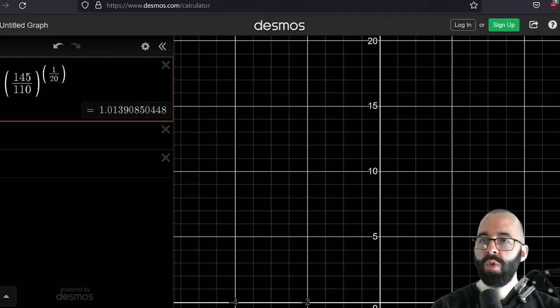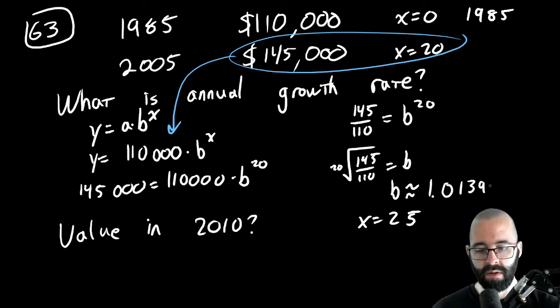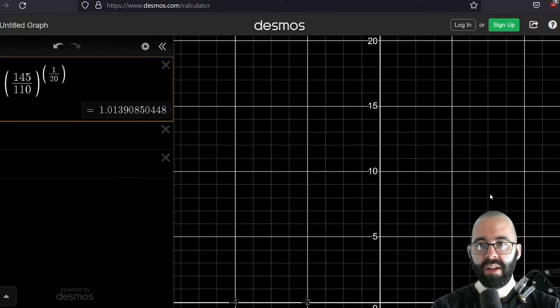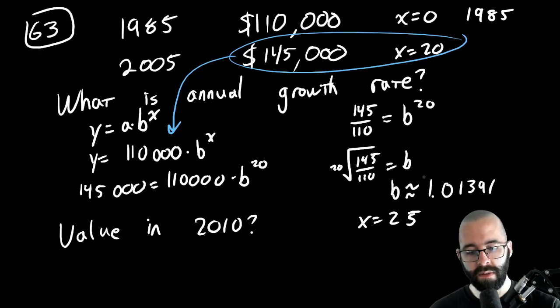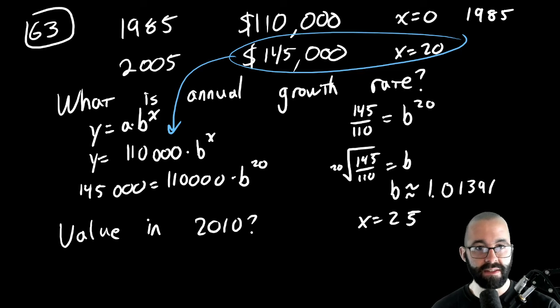1.01391. About 1.4% growth per year. And again, that's what it's asking. It's not asking our B value necessarily.